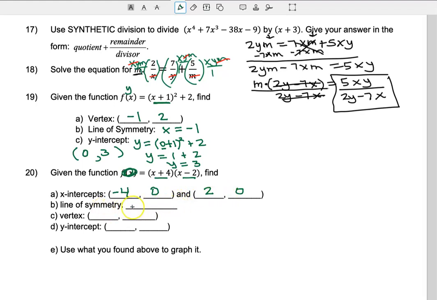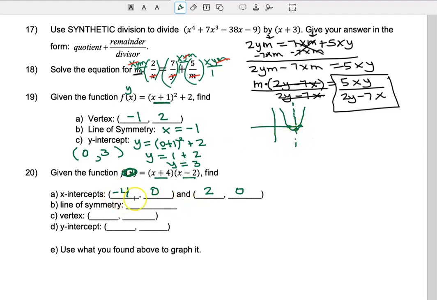Okay, our line of symmetry. So remember with a parabola, I'm just going to draw a really rough sketch up here. If I have a parabola, and those are my x-intercepts, the line of symmetry is exactly halfway in between those two x-intercepts.